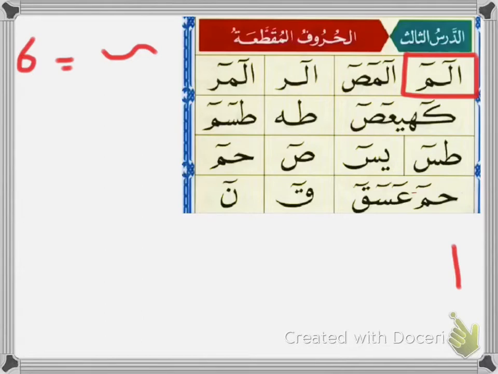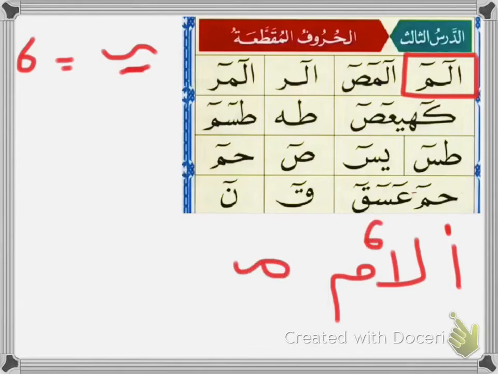Alif only we do 1 time. We have Lam, it has this sign, so we do it 6 times. And then we have the Mim. Again, the Mim has the same sign, so the length of the mad is going to be 6.